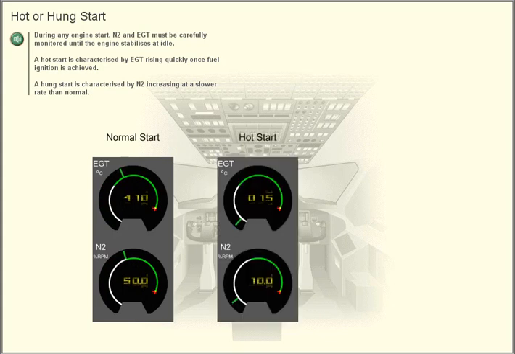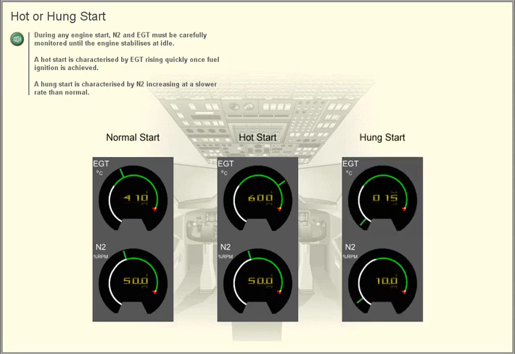A hot start is characterized by EGT rising quickly once fuel ignition is achieved. A hung start is characterized by N2 increasing at a slower rate than normal.